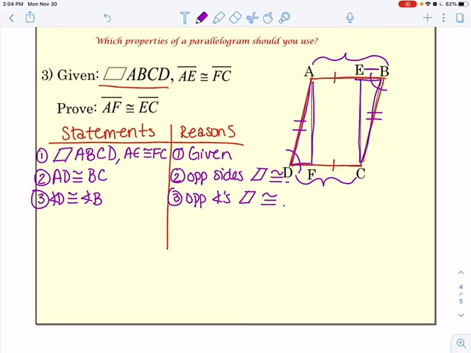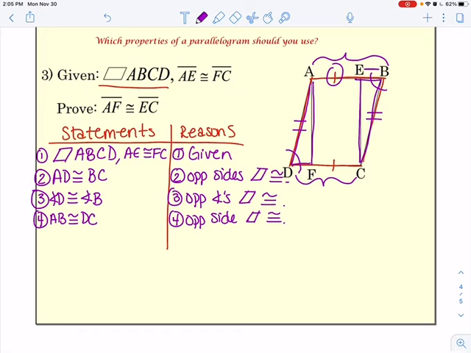So if I have the whole side and I get rid of that part, then I can use subtraction and I'll be left with EB. So that's what I'm going to say. I'm going to say first that the entire side AB is congruent to DC. And again, that's because opposite sides of a parallelogram are congruent.